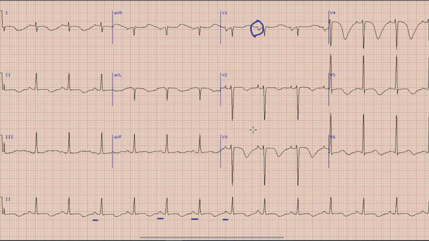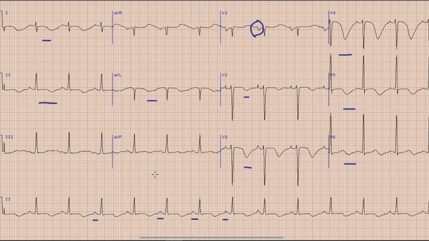Next important finding is presence of deep symmetrical T wave inversions from lead V1 to V6. Also, there are T-wave inversions in lead 1, AVL, and lead 2. So there are multiple differentials of deep T-wave inversions.